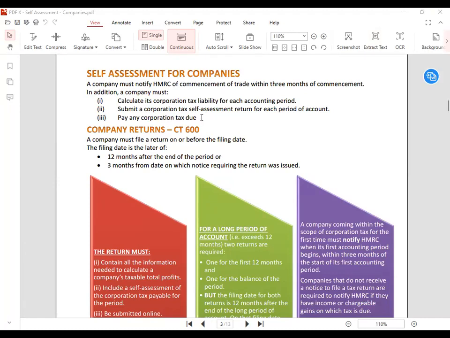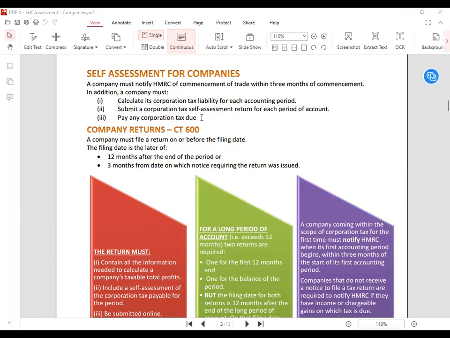Here return means a form. In VAT we also discussed what a return is. A return is a form, a format in which we write all our details about that particular topic and submit it to HMRC.